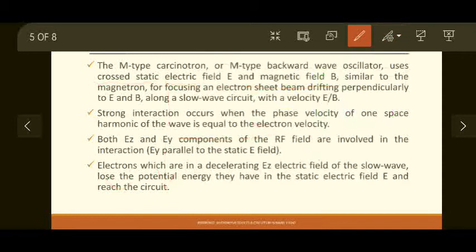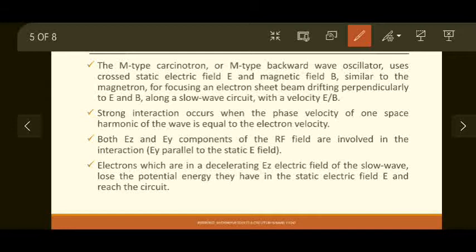It may be anything, but they should be perpendicular. That creates a cross field. This is similar to a magnetron. Magnetron also we have not seen yet, so we will see that later on. So for focusing, the electron beam drifts perpendicular to E and B. So now the electron beam is not exactly longitudinal. It is perpendicular to the electric and magnetic field.